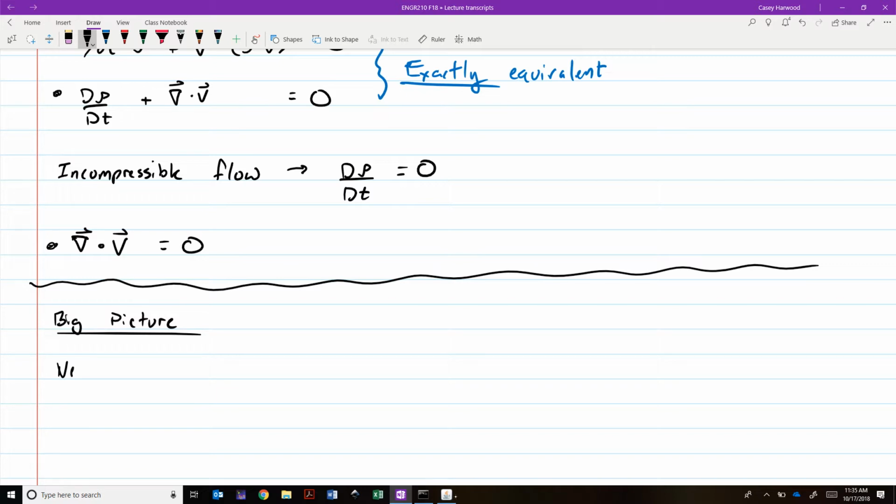So Newton's second law says that the sum of the forces, which is a vector, on a system is equal to the rate of change of the momentum of that system.